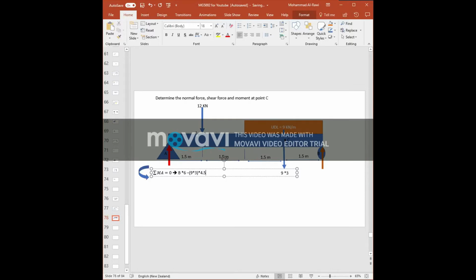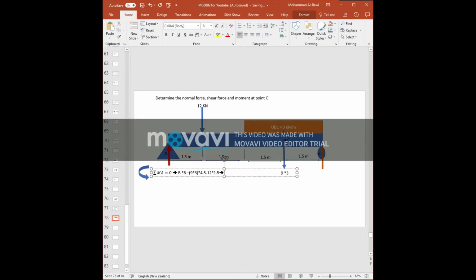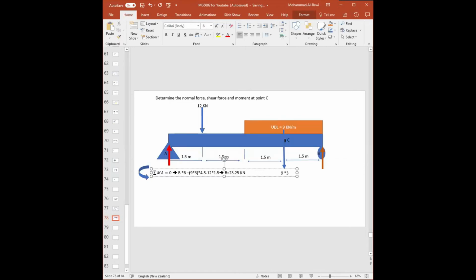I have the 12 kilonewtons. Also, the 12 kilonewtons will rotate the beam clockwise. Therefore, it is negative 12 times the distance from the 12 to A, which is 1.5 meters. Rearranging this equation, you end up with the value of B force equal to 23.25 kilonewtons. All right?